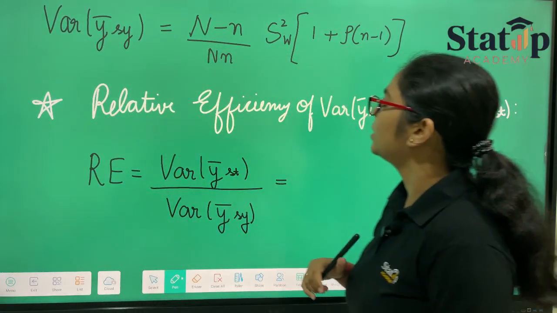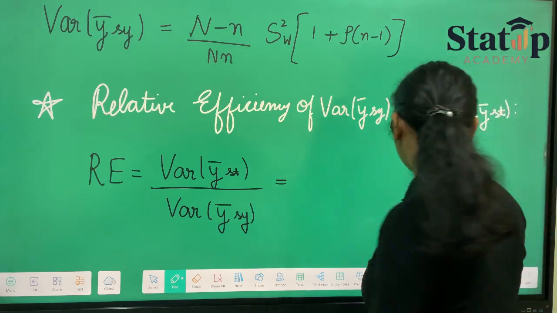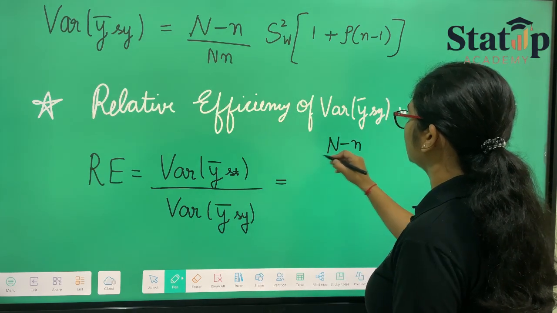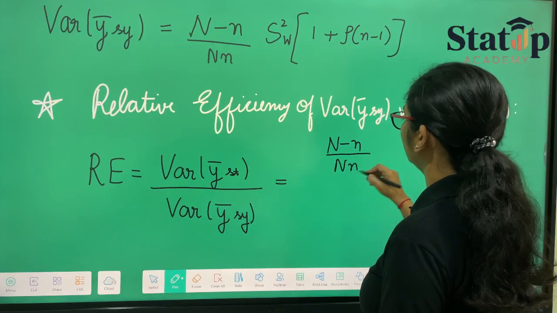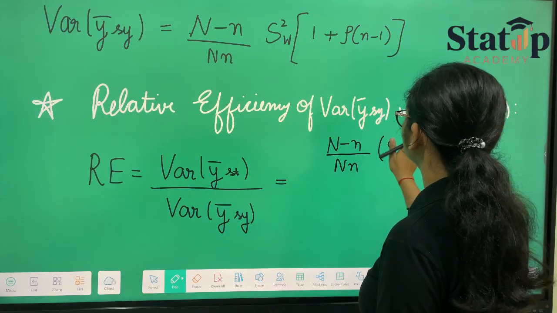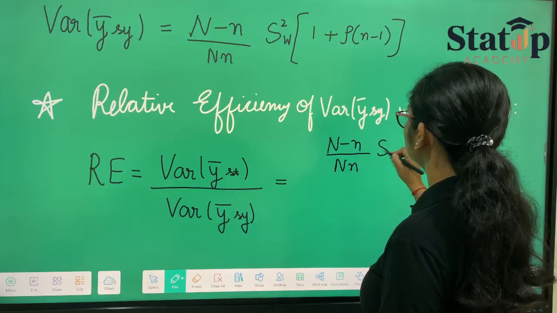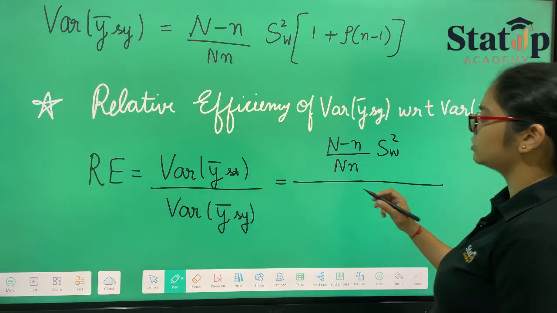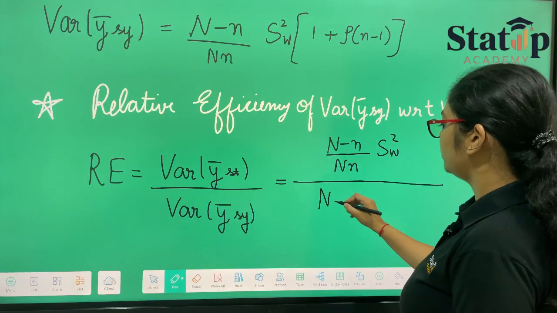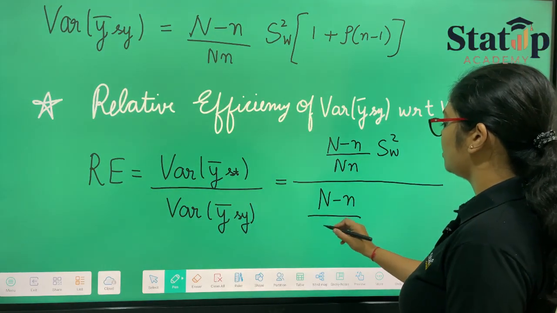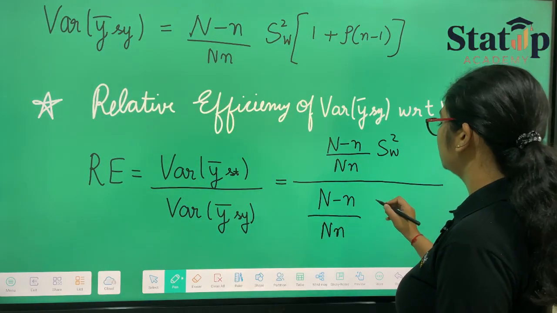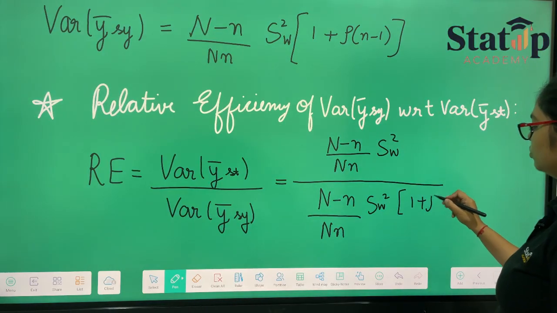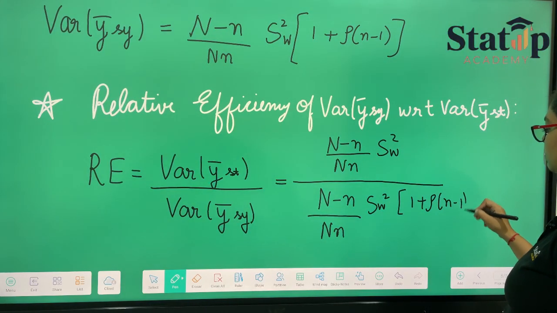So variance of y bar stratified, as we had calculated before, is nothing but (N minus n) upon capital N into small n, S_w square. And this variance of y bar systematic will be (N minus n) upon capital N into small n, S_w square, into 1 plus rho (n minus 1).